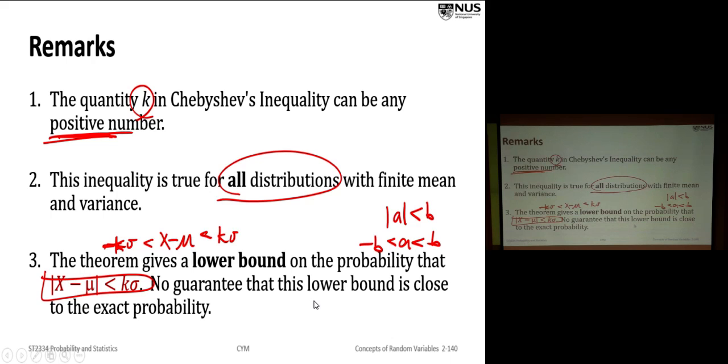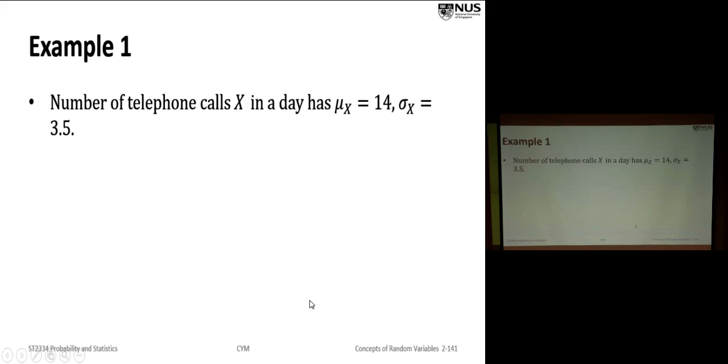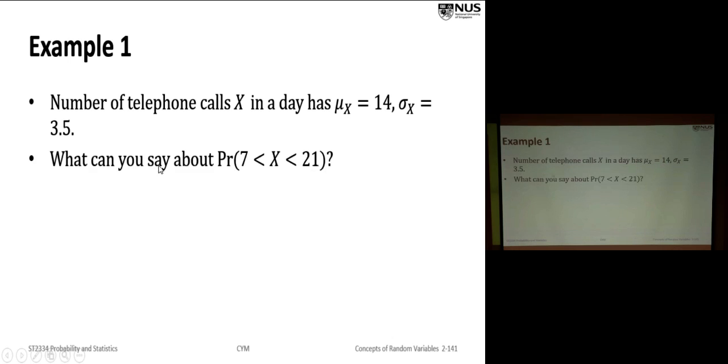All right, so here's an example. X follows a certain distribution, and we only know that the expectation of x equals 14, and the standard deviation of x equals 3.5. So what is the probability of x between 7 and 21? You can see that the mean is 14. So subtract 14: this one becomes minus 7, and this one becomes 7.